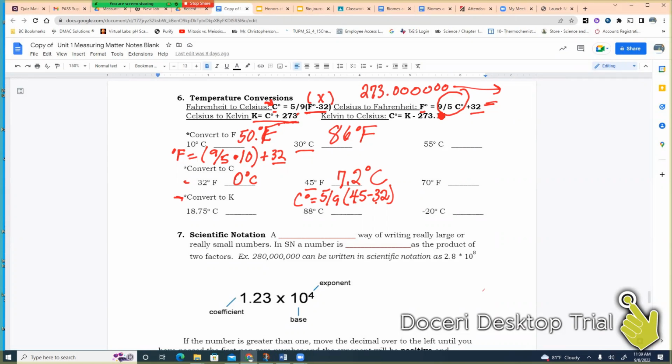That's all I have to do on that one. 291.75 K. Once again, if we talk sig figs on that, this had 2 places behind the decimal. So when I added 273, which is really 273.000, that's why I would have 2 places behind the decimal.